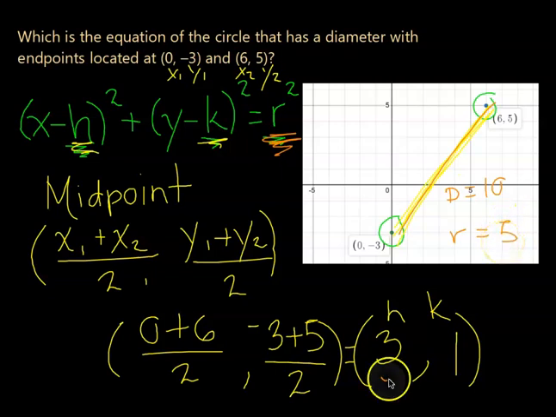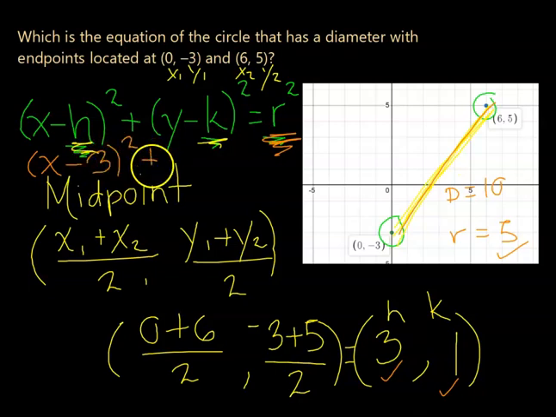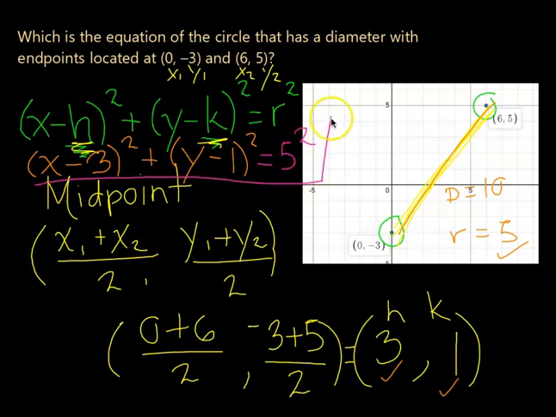Since we have h, k, and r, we're going to rewrite it as x minus h, which is 3 squared, plus y minus k, which is 1 squared, equals r squared, r being 5. You can either write this as 5 squared or 25. But this would be the answer, and you can always use Desmos to check your work.